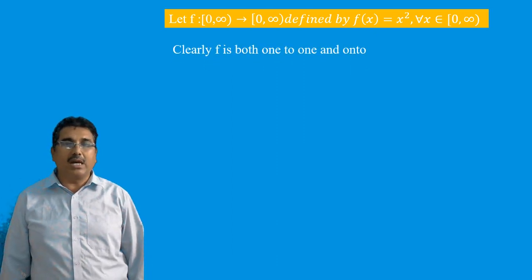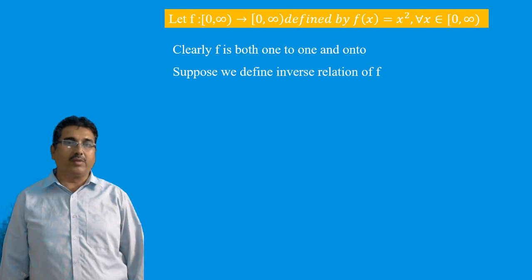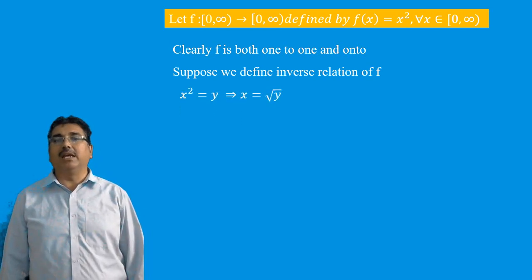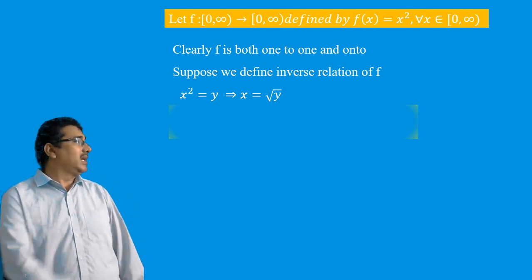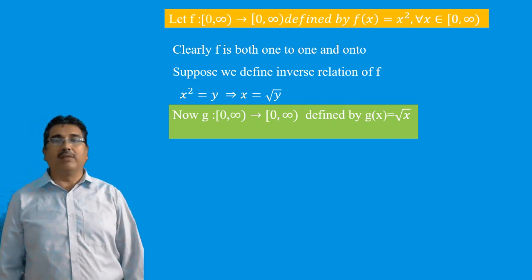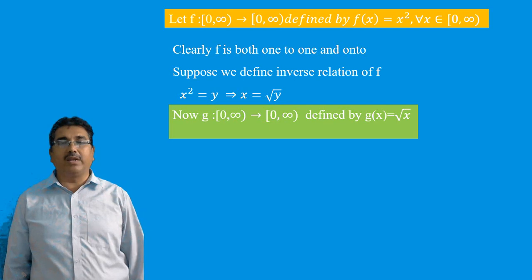In this case also, we define the inverse relation of f. For that, x square equal to y implies x equal to root y. Now, g mapping from the closed interval 0 to infinity to the closed interval 0 to infinity defined by g of x equal to root x.